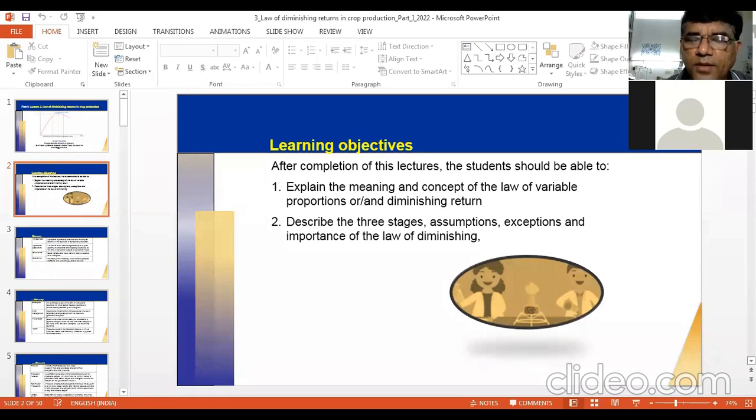So before we actually start, I would ask you, is there any difference between law of diminishing return and law of variable proportions? Many times people call it law of variable proportion, and many times it is also called as law of diminishing return. Are they same or are they different?